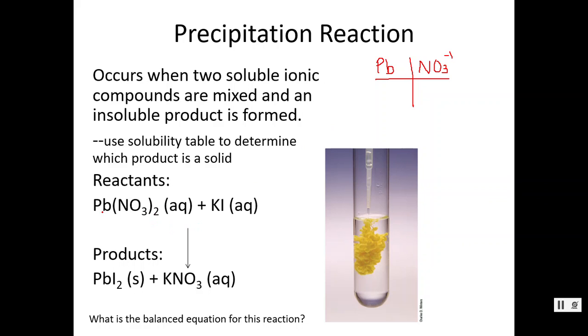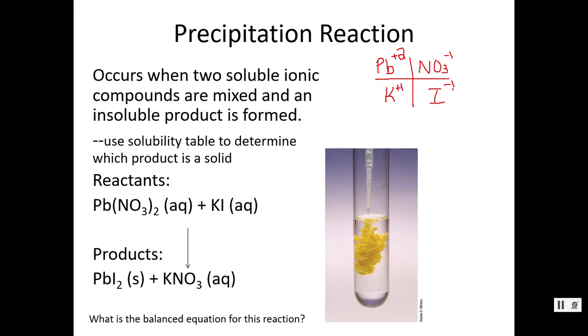Since there's two of them, that means my lead must be a +2 in that compound. So on this top line, I've made this little crisscross and I've put the cation and the anion for my first ionic compound. And I'm going to do something similar with my second ionic compound, the potassium iodide. My cation is potassium, which is a +1 charge. My anion is iodide, which is a -1 charge.